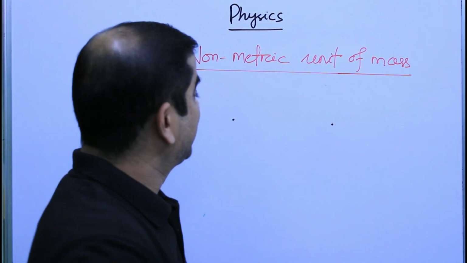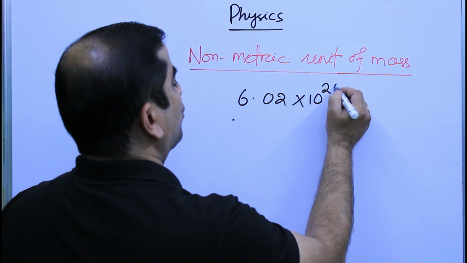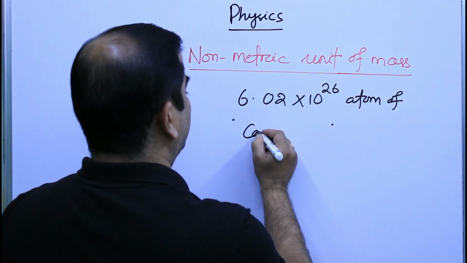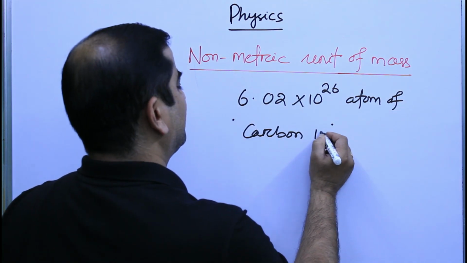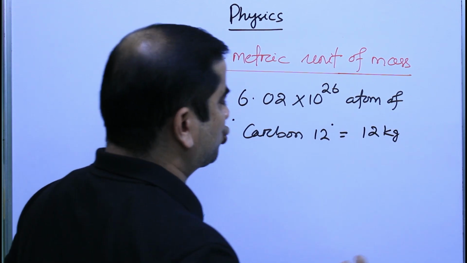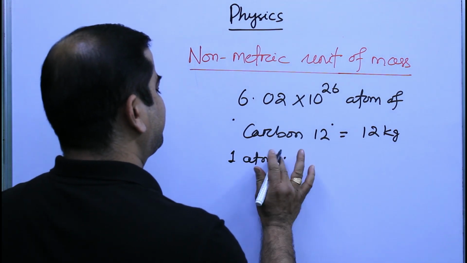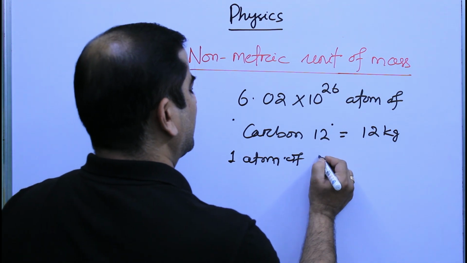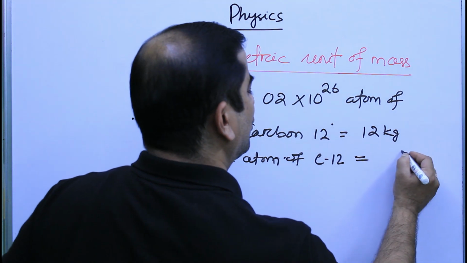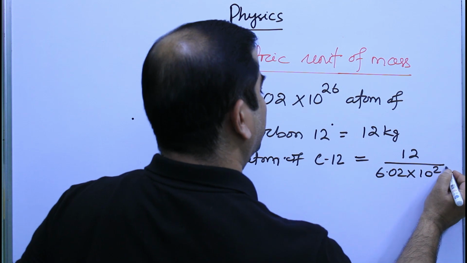Students, the mass of 6.02 into 10 to the power 26 atoms of carbon 12 is equal to 12 kg. So what should be the mass of one atom of carbon 12? It is equal to 12 divided by 6.02 into 10 to the power 26.